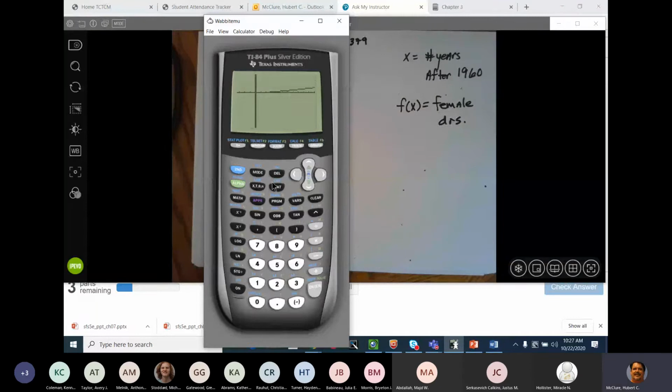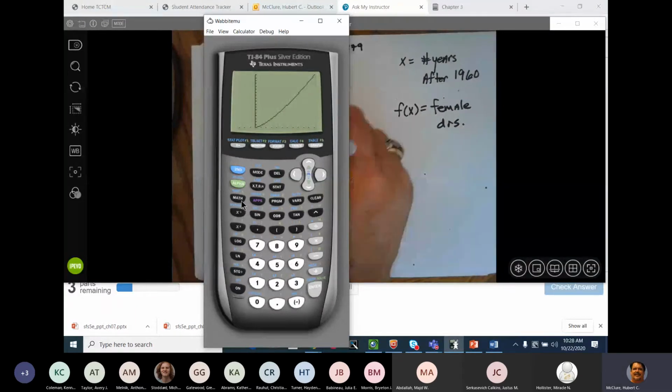And you see it starts to take off. I'm going to zoom out a little bit. Zoom, and I'm going to put zoom fit. So it looks like a power function, like that.